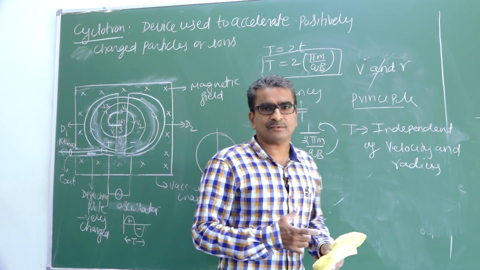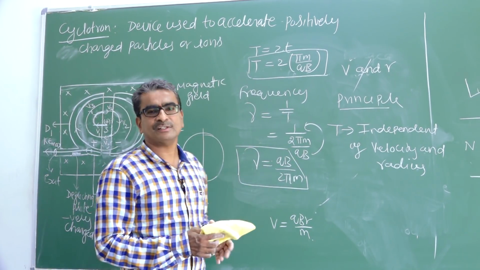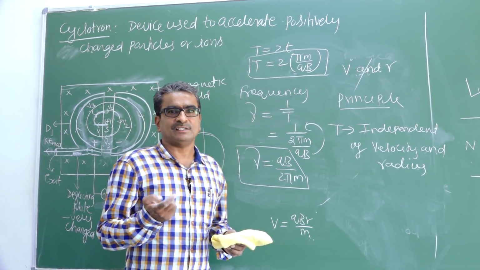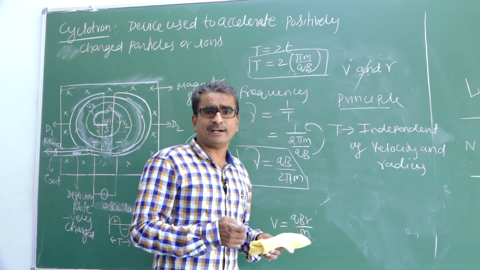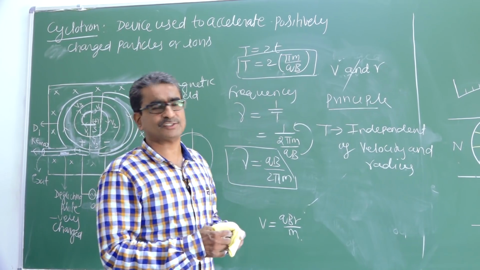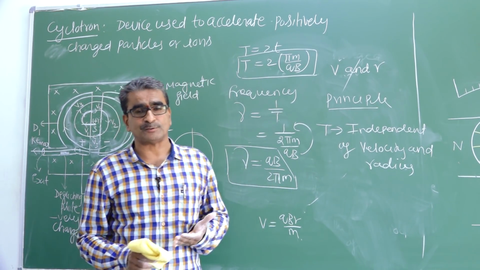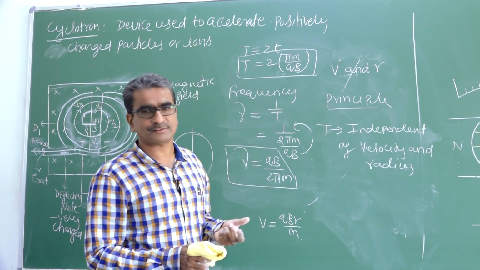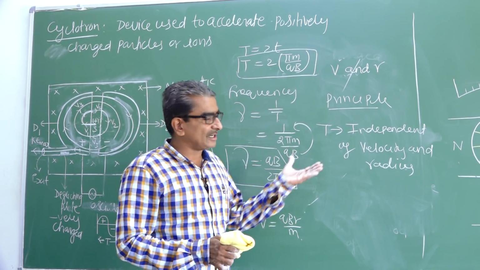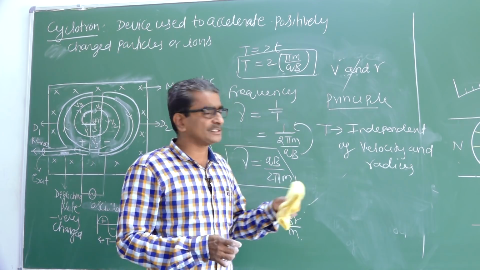I already told you where the cyclotron is used. It is used to study the structure of the nucleus and also to produce different radioisotopes which are useful for medical purposes. How is it done?